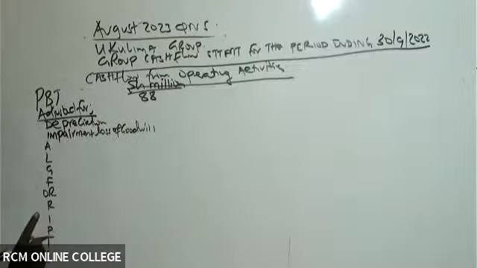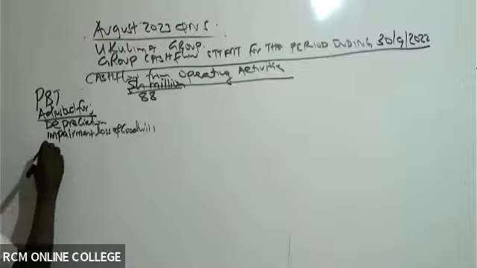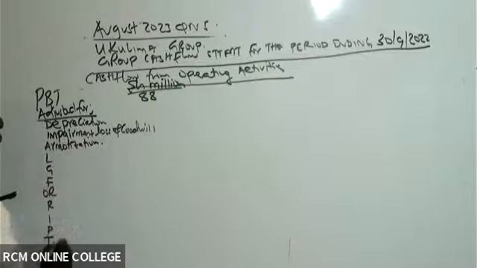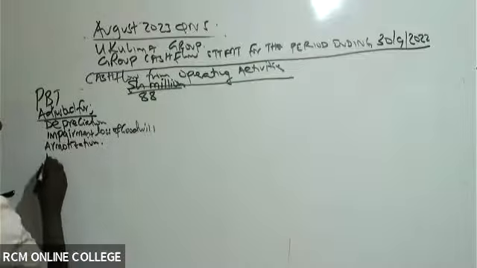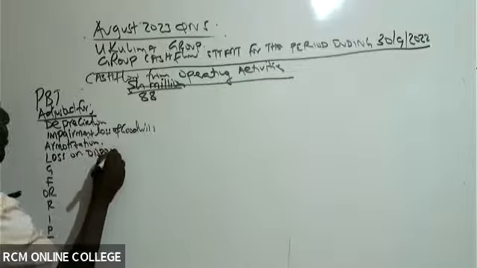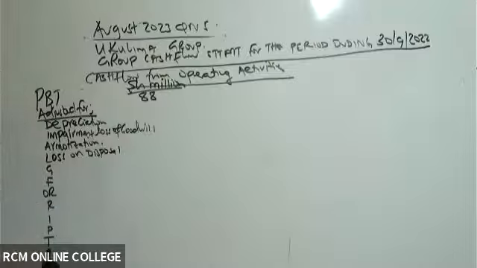It's only for goodwill. We have amortization here. Here we have loss on disposal. Anything you dispose of, it could be a PPE item, or a subsidiary you have disposed of and made a loss on. So, loss on disposal.